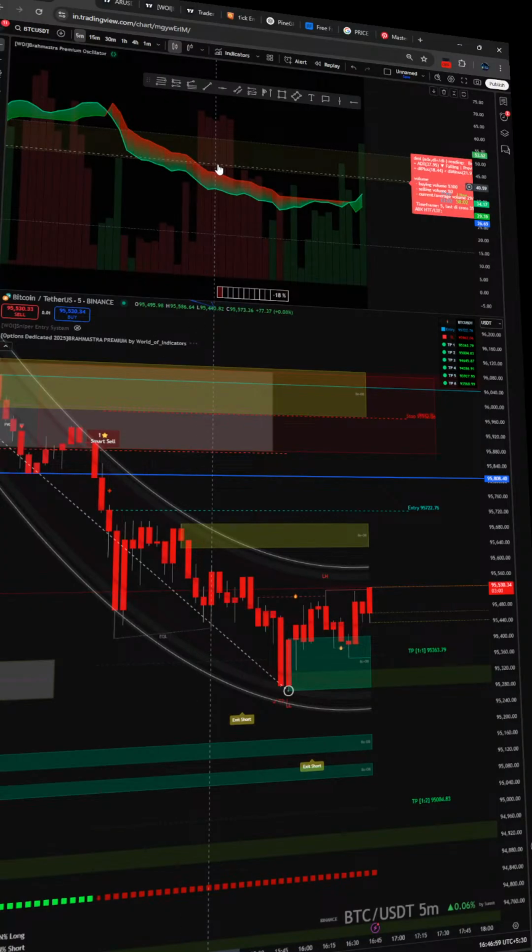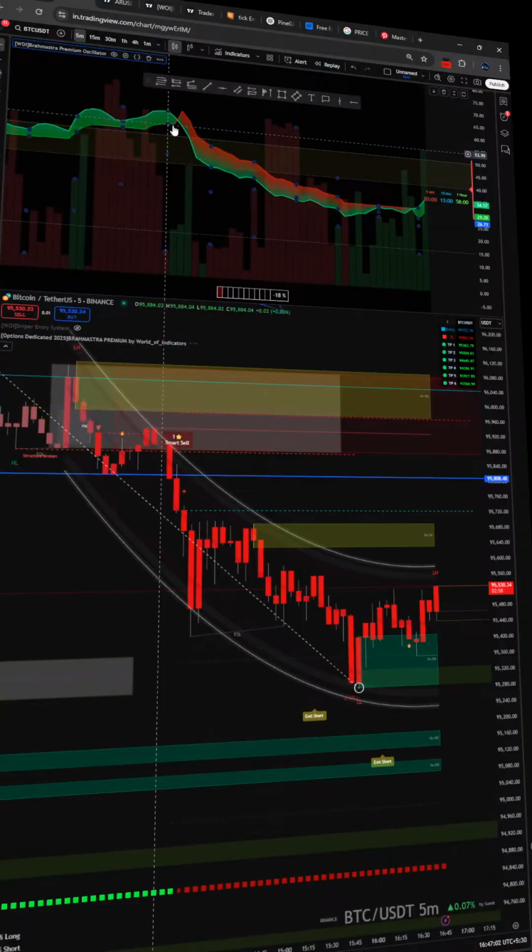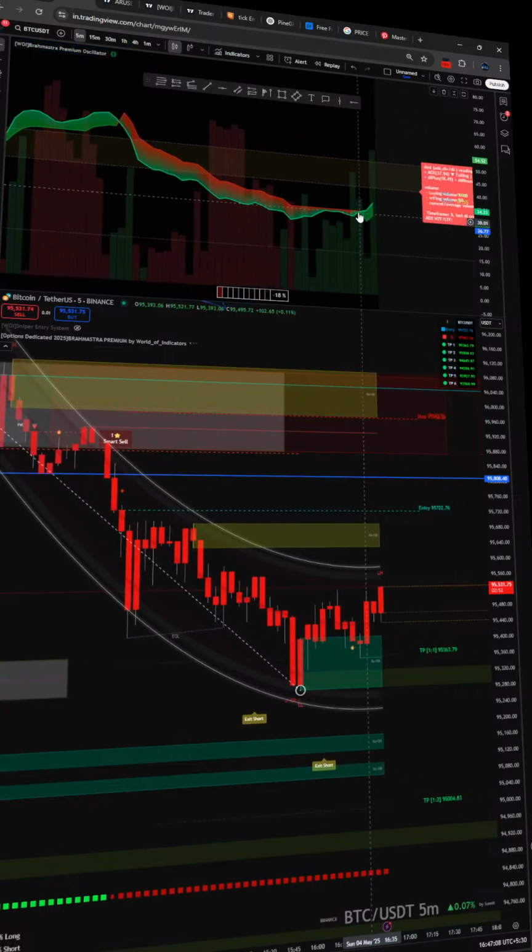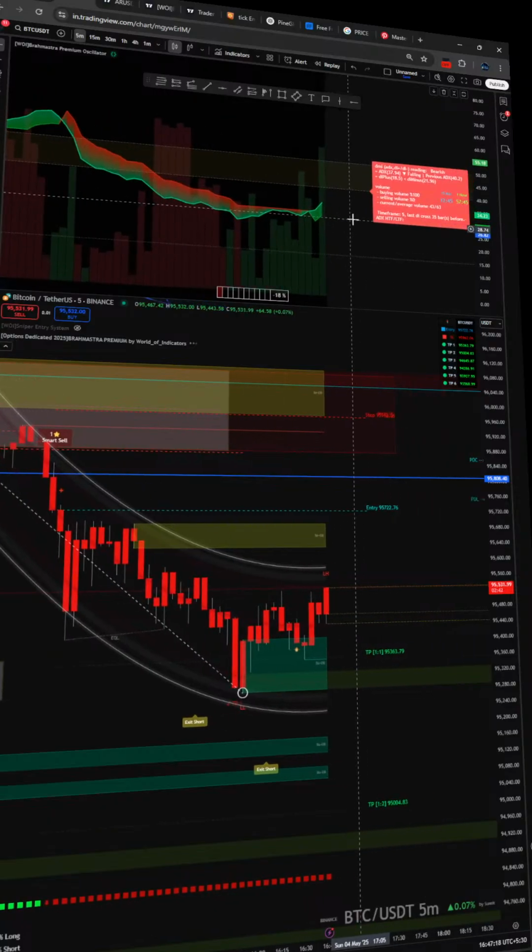Here you can see you got a short. You can see it go down, then it started to go upside, but we will enter on the long side only if it tries to cross this 40-50 level.